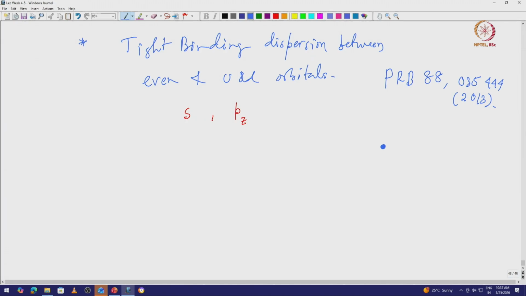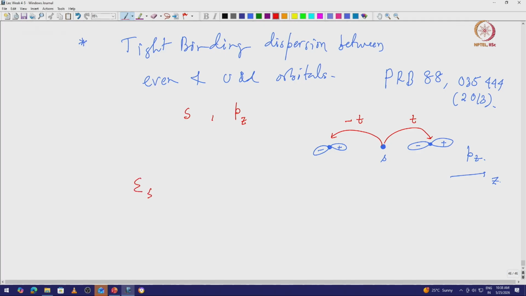So, I have some s orbital and I have some pz orbital, and I am assuming this to be along the z direction, which is here. So the important point between even and odd orbital hopping is that the hopping, if I take it to be t, the hopping in the minus x direction will become minus t.